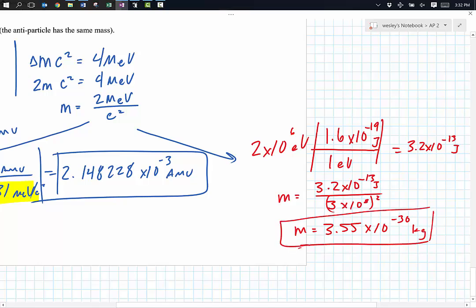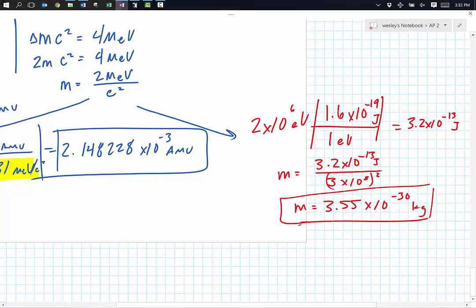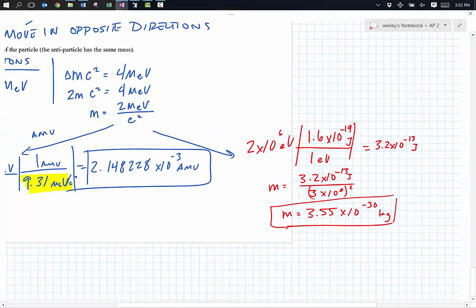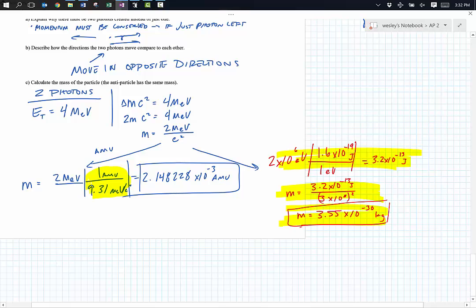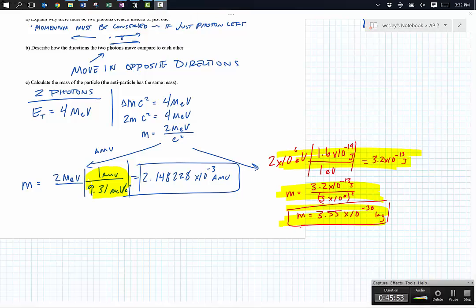Now, if we want to compare those things, compare that on your own. Energy in electron volts, we're going to use this 9.31 thing. Energy in joules, we're going to go through all of this. It's up to you. Okay? That's our review. Good luck studying for your test.